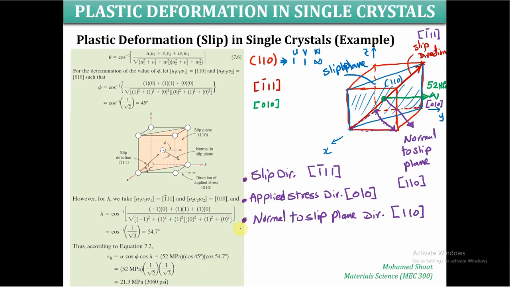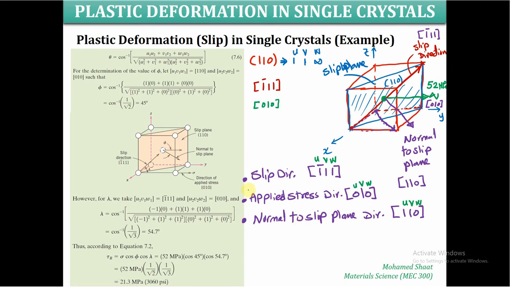How can we calculate the angle between any 2 different directions? For example, the indices, as we discussed in chapter 3, we can define as U, V, W, since we are working with a cubic crystal.